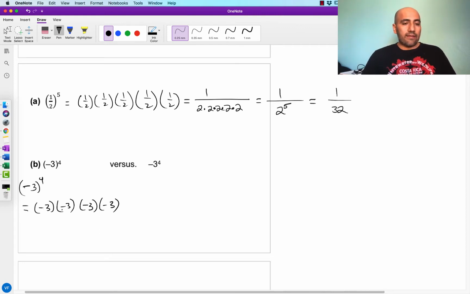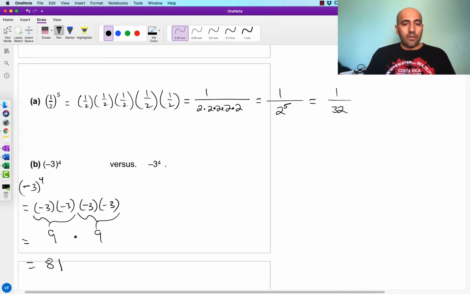Now a negative times a negative equals a positive. So I know these two are going to give me a positive 9, and these two are also going to give me a positive 9. And so my final answer is positive 81. We can also just keep track of how many negatives there are. There's 1, 2, 3, 4 different negative signs. So that's how I know that the final answer is going to be positive.